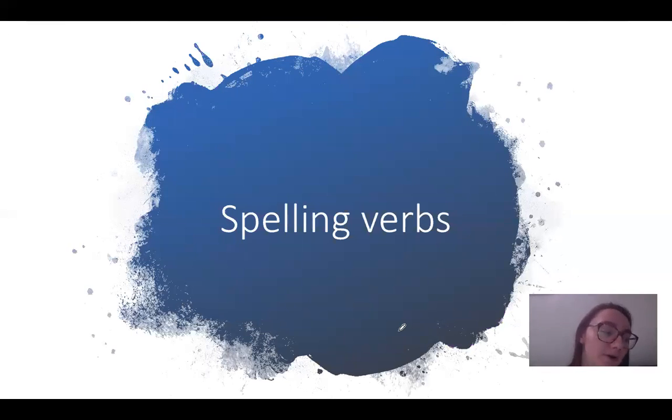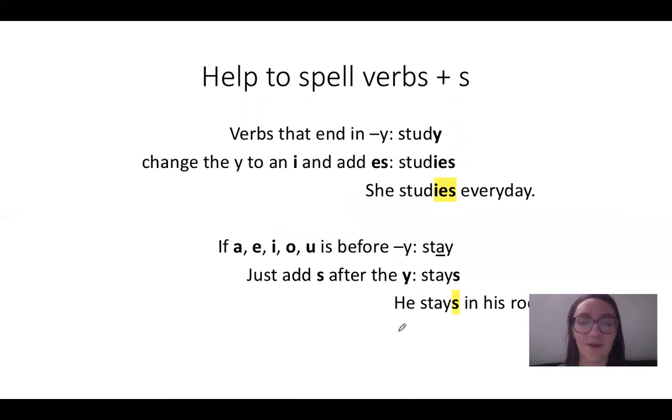Now, this part that I wanted to do is about spelling. When we spell these, it changes. Now, this is kind of advanced, so you don't need to watch this if it confuses you, and if you get confused, that's okay.